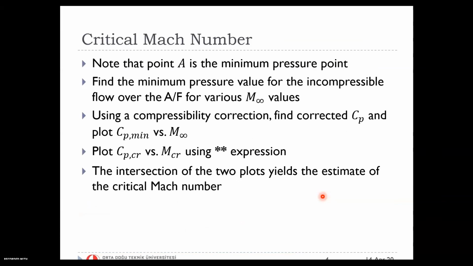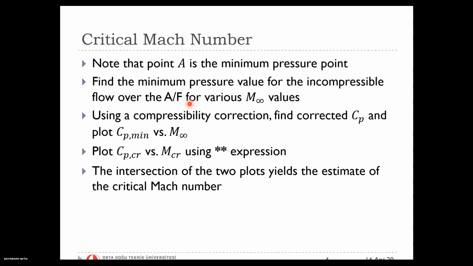We know that point A is the minimum pressure point over the airfoil. Okay, so we first need to find the minimum pressure value in the incompressible flow. So we start with the incompressible flow over the airfoil at various free stream Mach number values.